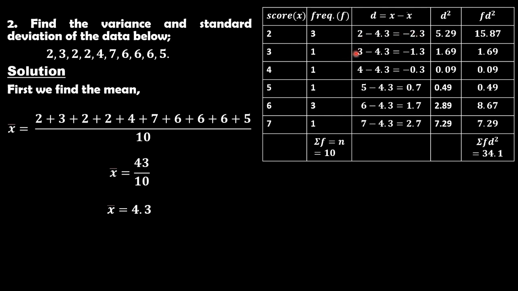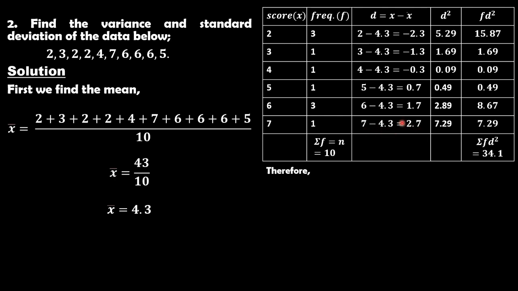Deviation of 3 from the mean is minus 1.3. 4 minus 4.3 is minus 0.3. 5 minus 4.3 is plus 0.7. 6 minus 4.3 is 1.7, and 7 minus 4.3 is 2.7.